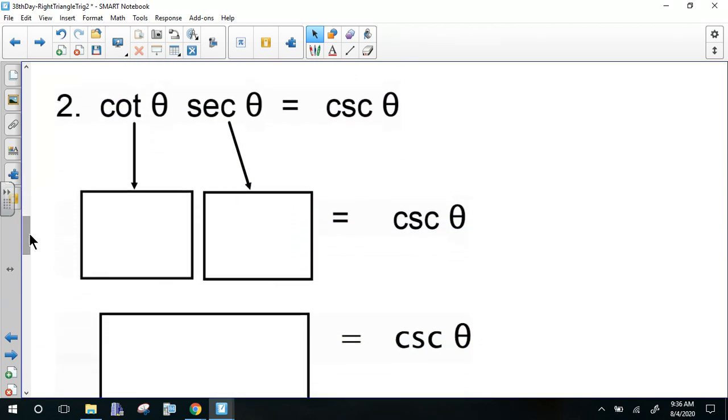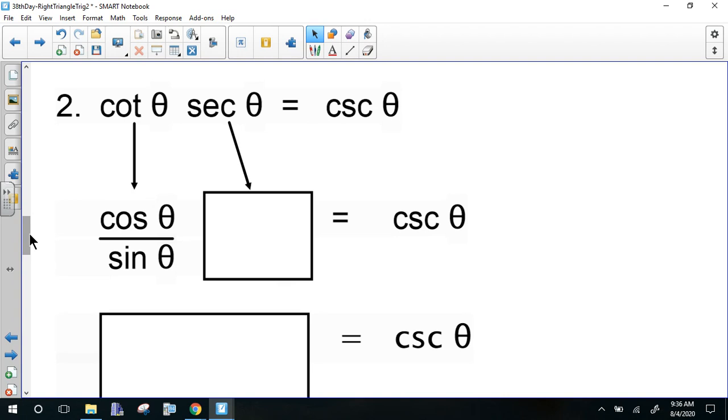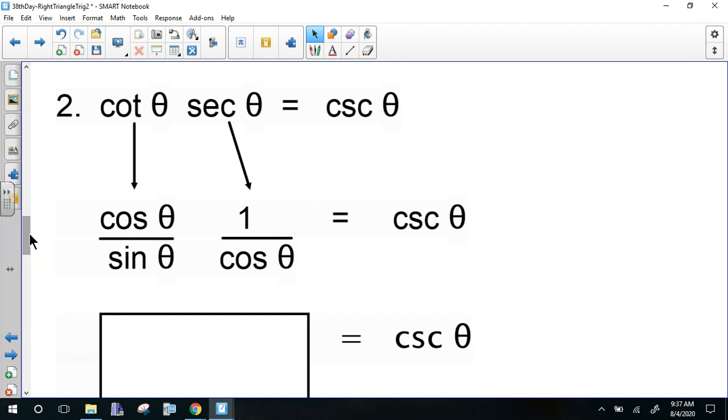Here we have cotangent times secant equals cosecant. Get everything to some form of sine and cosine. I know cotangent's a reciprocal of tangent, which is cosine over sine. And I know secant's a reciprocal for one of them, and it's 1 over cosine. The cosines cancel.